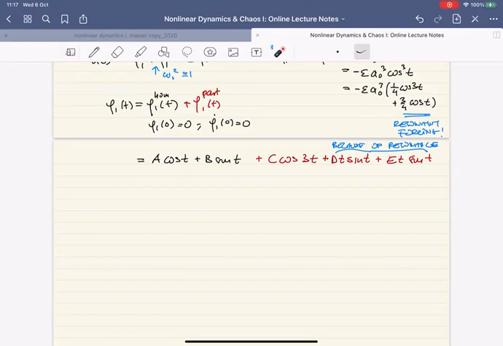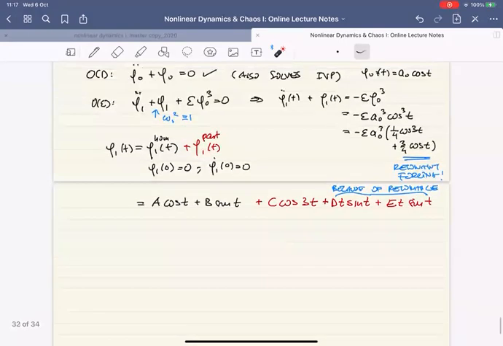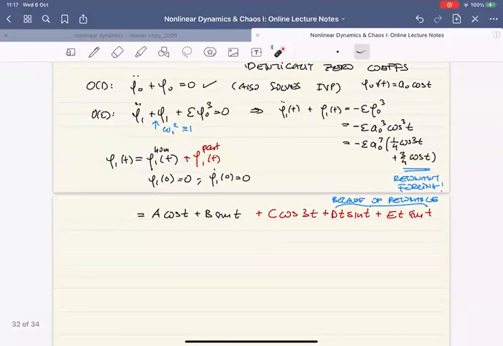Then you say, all right, I'll just use the appropriate initial conditions and then find these coefficients, which is what we do in a regular ODE class. And that is absolutely fine. You could do that. This differential equation certainly has, even under resonant forcing, a solution.